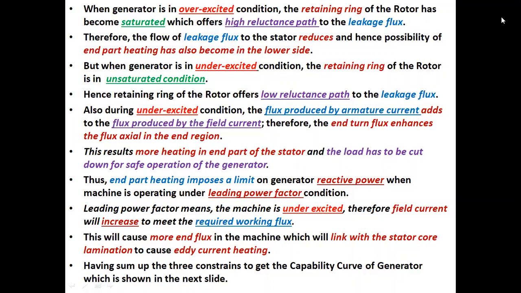But when the generator is in underexcited condition, the retaining ring of the rotor is in unsaturated condition. Hence, the retaining ring of the rotor offers a low reluctance path to the leakage flux. Also during underexcited condition, the flux produced by the armature current adds to the flux produced by the field current.